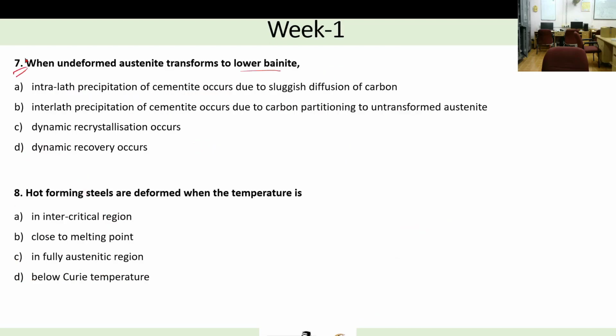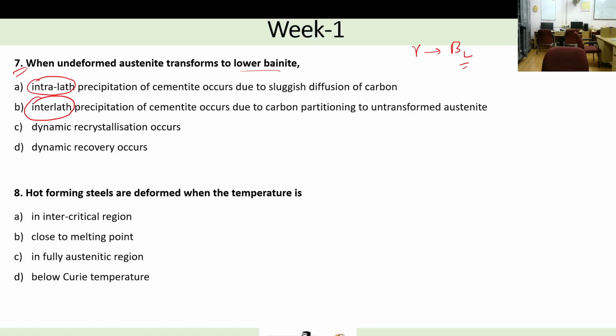Question number 7 you can solve. When undeformed austenite transforms to lower bainite, what will happen? So be careful when you are reading intralath and interlath.